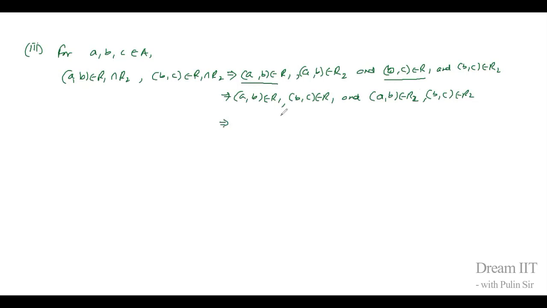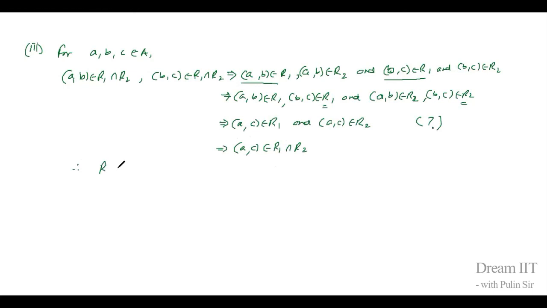Now, because both these relations are transitive as they are equivalences, I can directly write that A comma C belongs to R1 and A comma C belongs to R2. You write the reason for this. So from here, this belongs to the intersection.